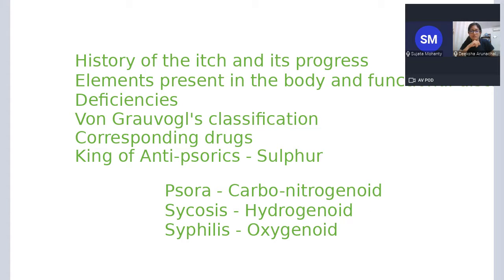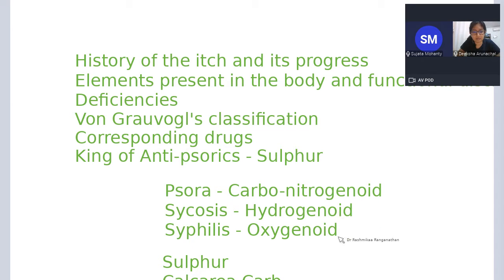So here's my whiteboard. Okay, the drugs that correspond, I'm going to mention the three greatest antipsorics ever. First one is sulfur. Hold on. Okay, can you read them?